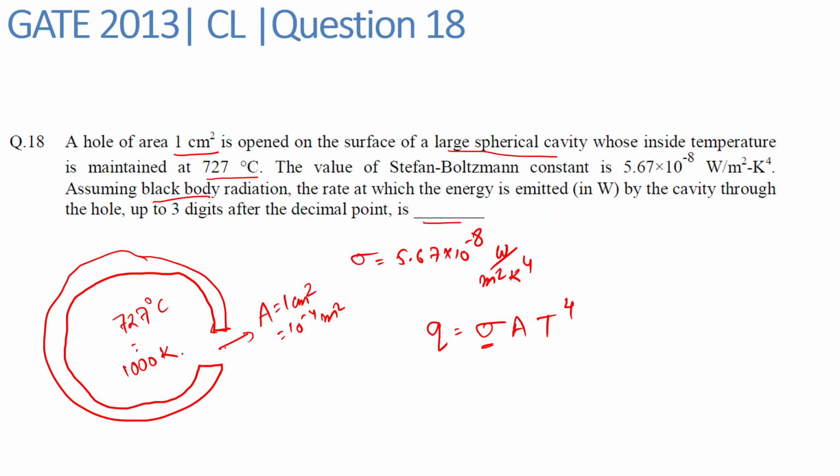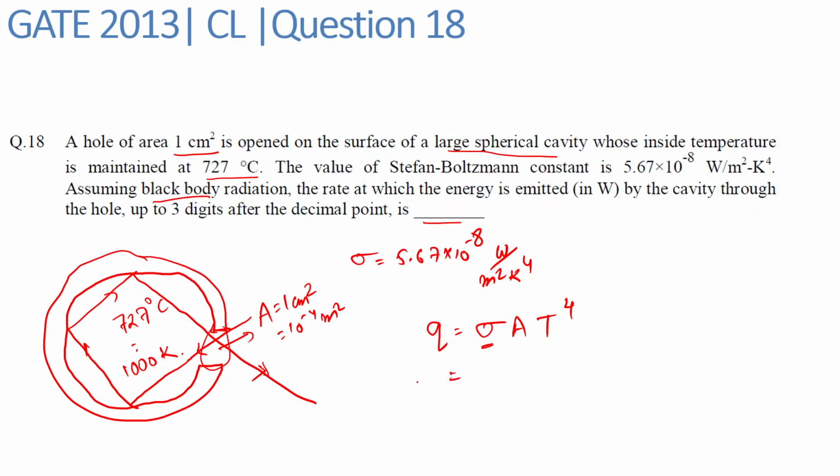In this case, any ray of light that enters this body will keep on reflecting within this black body, and ultimately it only has a single exit, that is this hole. So only from this hole will the black body radiation get emitted. So the area we consider is the area of this hole, that is 1 centimeter square, and the temperature is the temperature of this body, that is 1000 Kelvin.